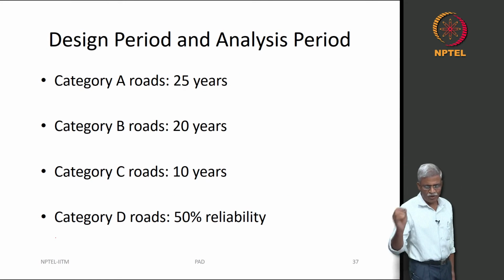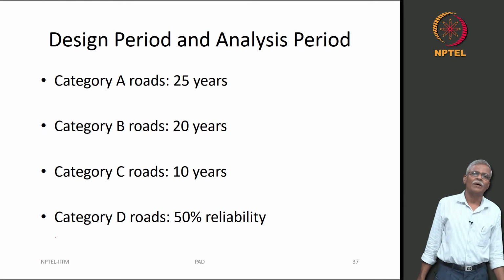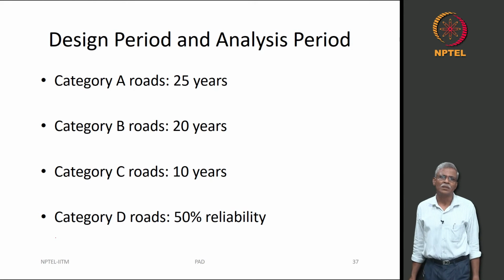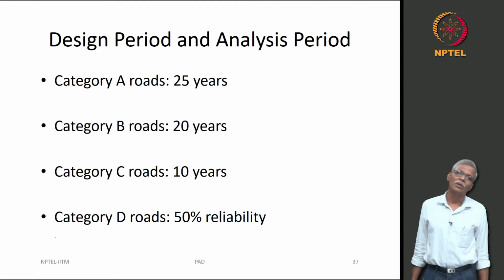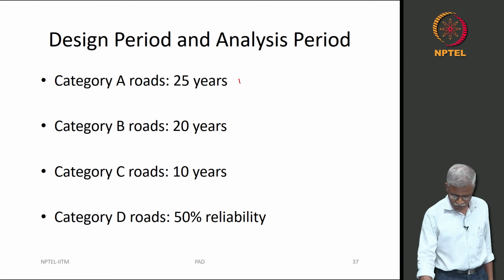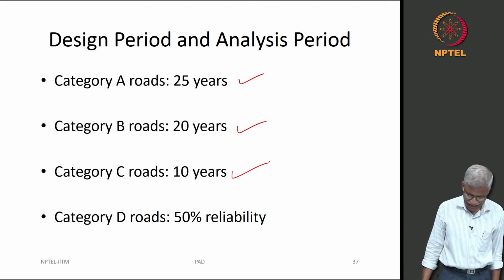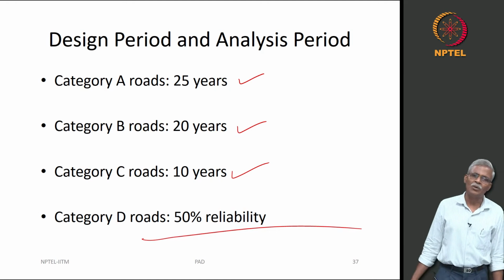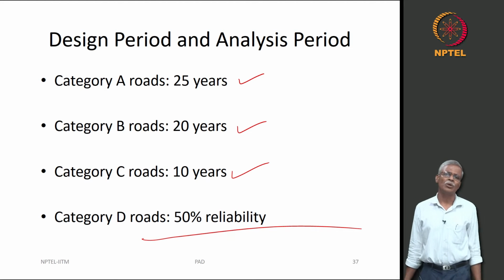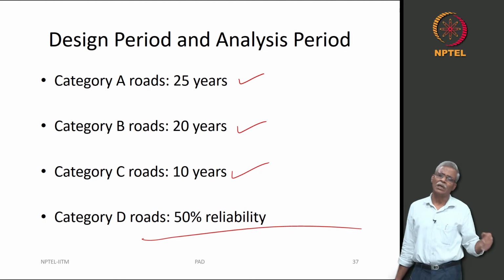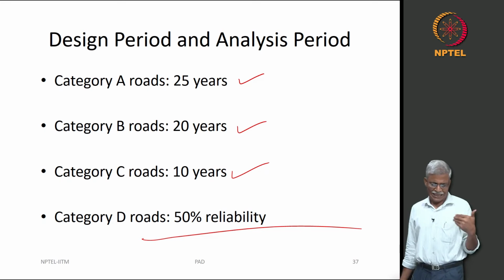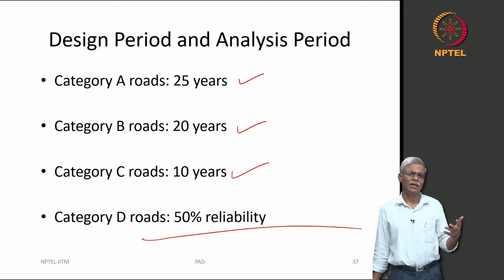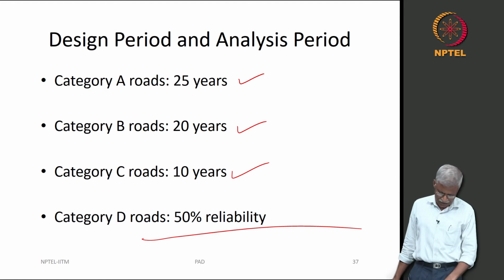As far as the South African manual is concerned, for category A roads it is 25 years, for B roads it is 20 years and for C roads it is 10 years, and for category D roads they do not really say too much about the design period and analysis period, they always talk in terms of reliability.